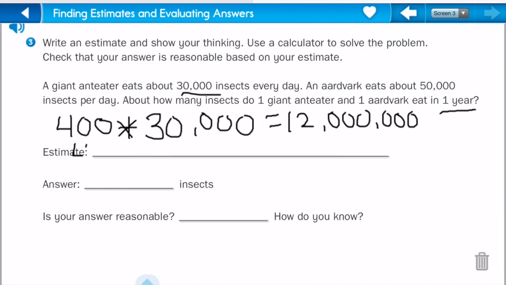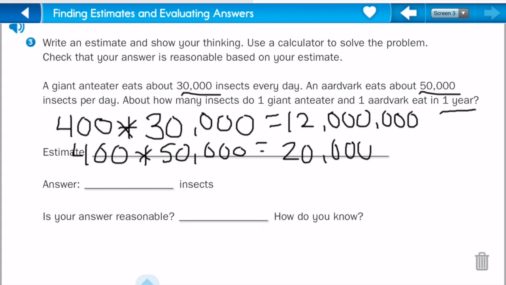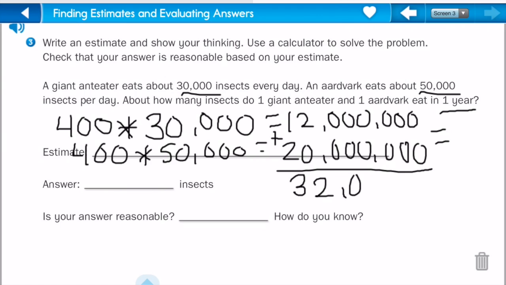We're going to use 400 again for the aardvark times 50,000. And we're going to get 20 million. And so if we add these two together, that equals about 32 million.